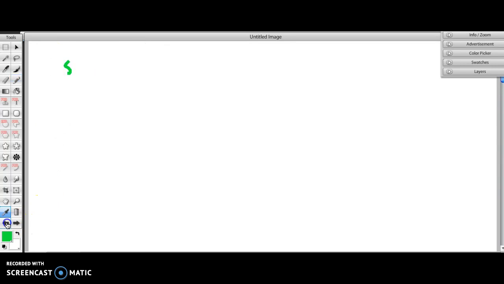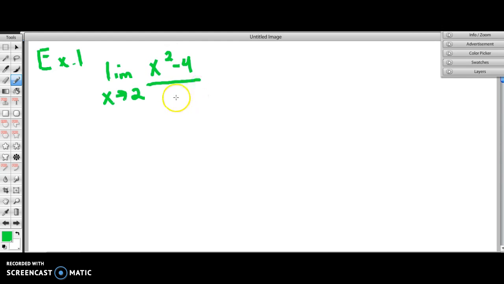Example: let's say I have the limit as x approaches 2. How does this function behave as it approaches 2?